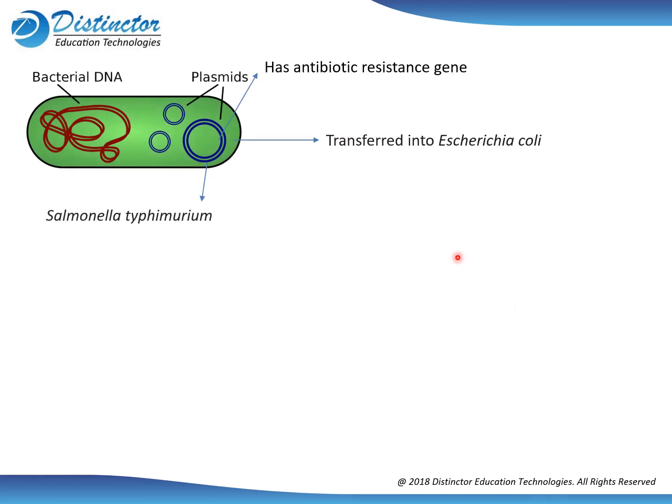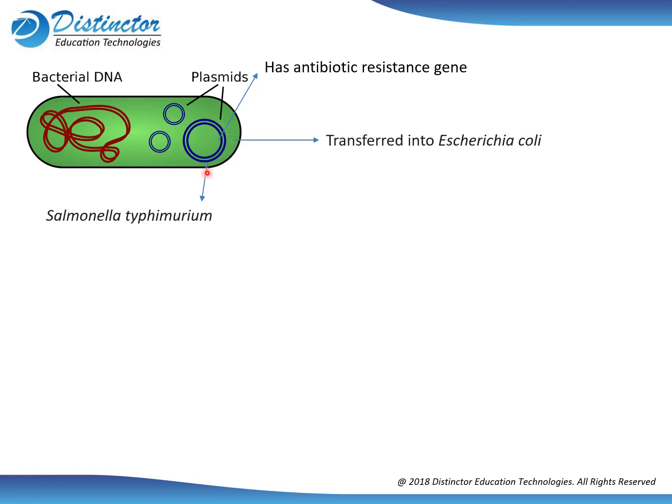So they transfer this into E. coli, because now this plasmid has an antibiotic resistant gene. By the restriction enzyme, they cut the antibiotic resistant gene from the other bacteria and introduced it into this bacterial plasmid, the Salmonella typhimurium plasmid. By the DNA ligase, they joined the plasmid and the antibiotic resistant gene.